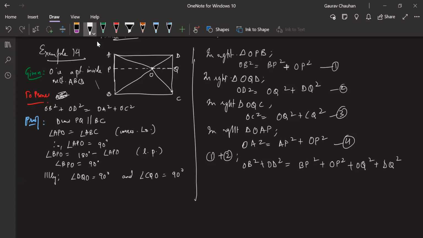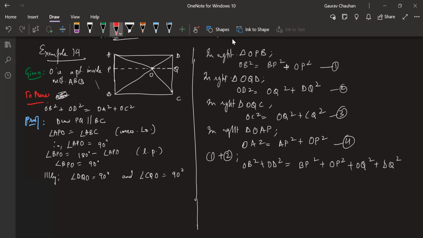Now comes the interesting part. There is something which you need to establish before moving ahead. I can't do anything further right now unless I know one very important thing. What are the squares which I have on the right side?